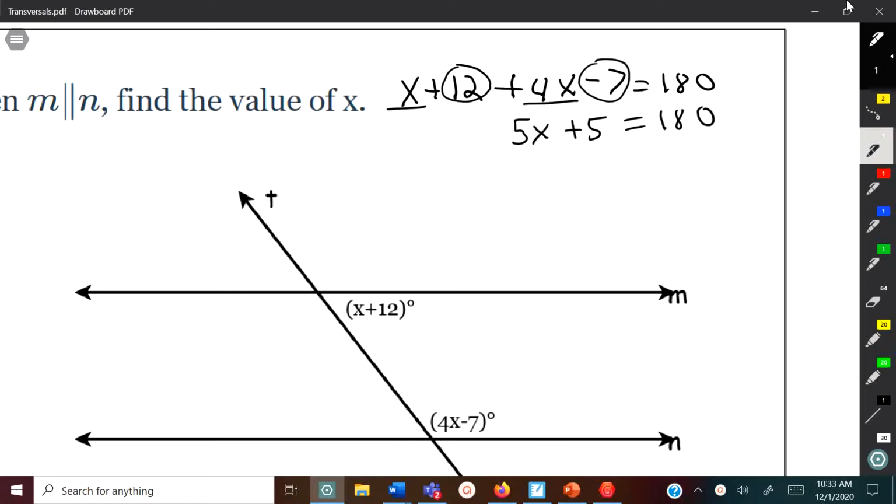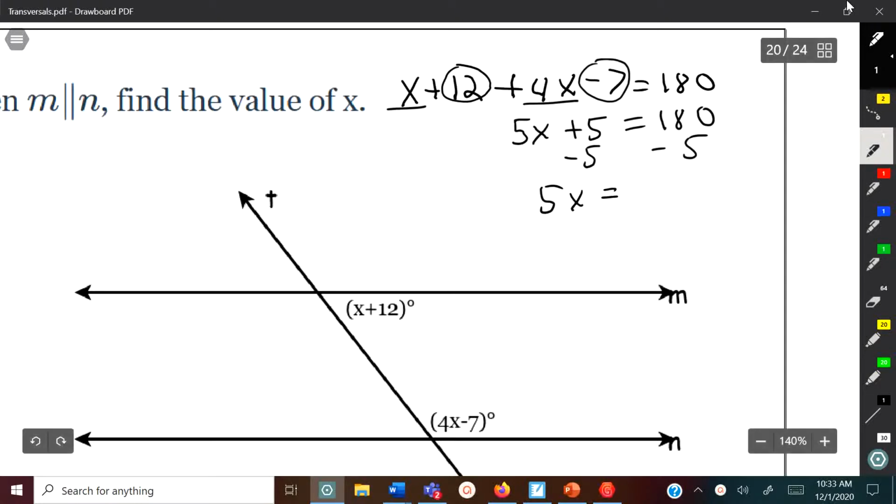And then the next thing we're going to do is subtract the 5 on both sides. Now it'll give me 5x is equal to 175. And then divide by 5. And x is equal to 35.